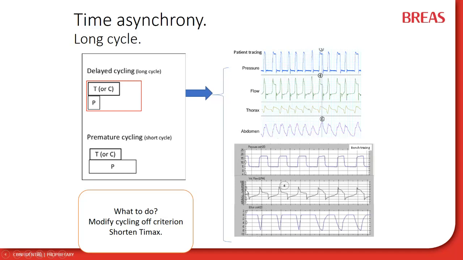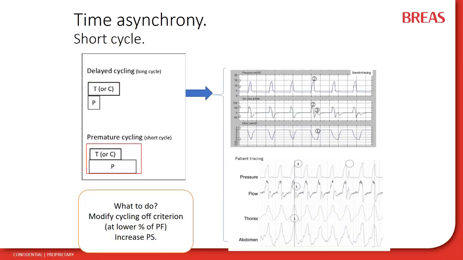So in summary, the combination of the two time constants during the inspiratory phase seems suggestive of delayed cycling. It is a combination of an assisted cycle, the first part, and a controlled cycle, the second part. What can we do? Modify the cycling criterion or shorten the TI max, especially when leaks are suspected.